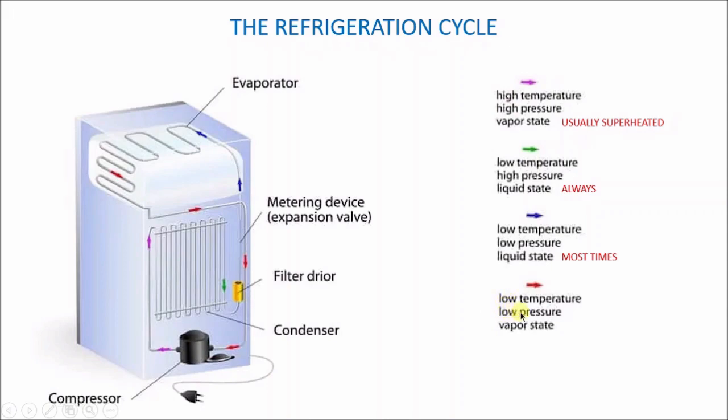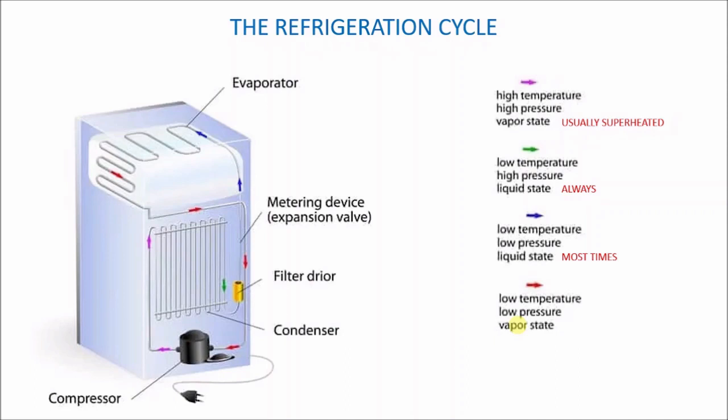Okay, and the pressure is still low, but the state in which it will be after the evaporator, like I said, it is an evaporator, so it will evaporate the refrigerant. Very, very important.